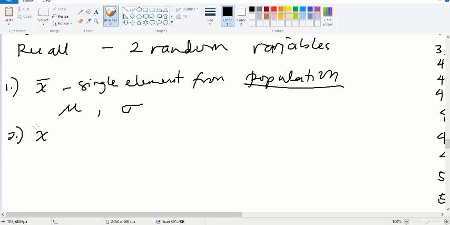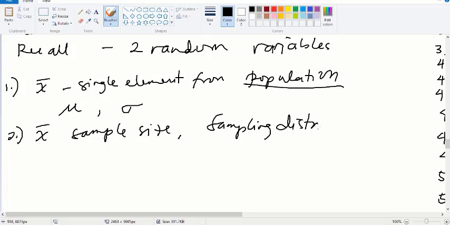Yung isa naman na mean is the sample, measurement of the sample. Ang kanyang distribution ay sampling distribution. And then, ang kanyang mean is, of course, x bar. And ang kanyang standard deviation is the standard deviation sigma of the sample mean.